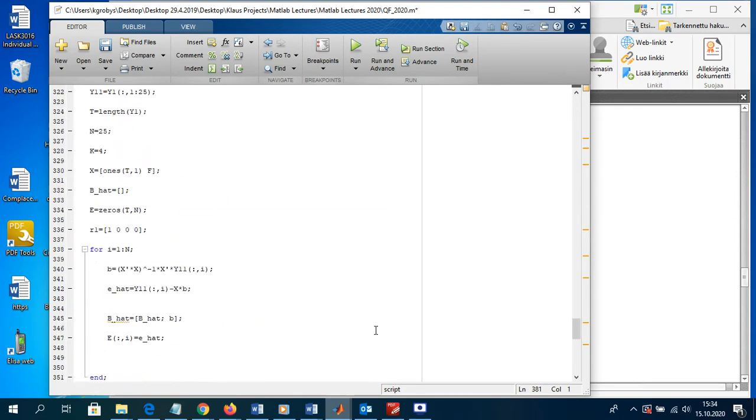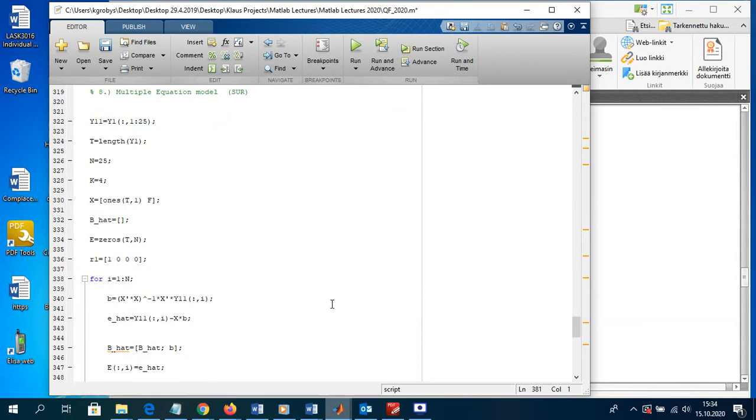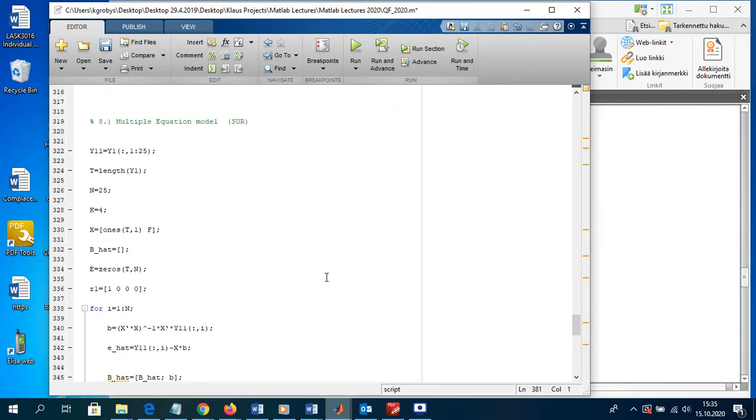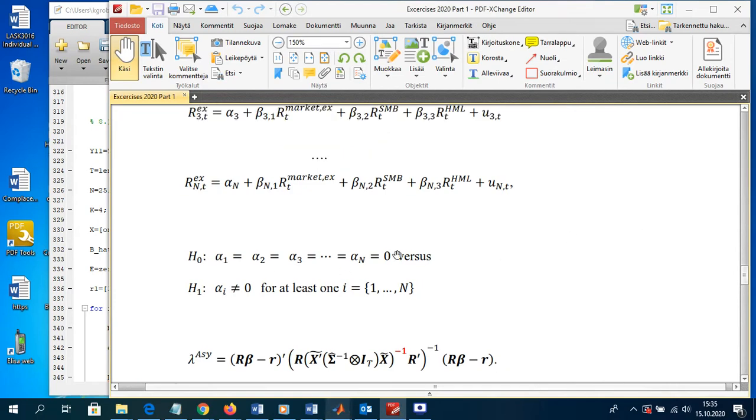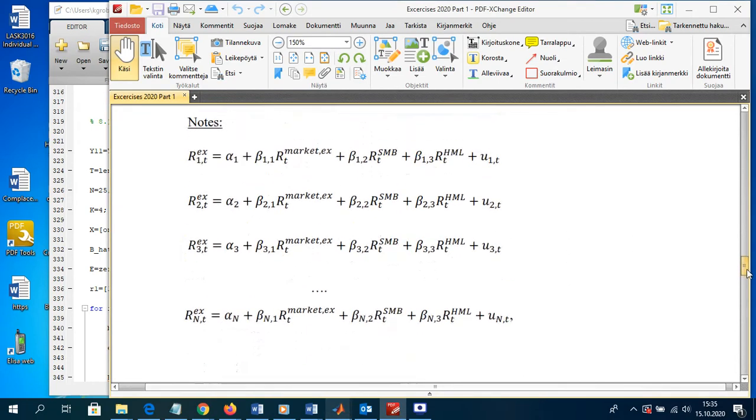So what could we do next? We talked about it on the whiteboard in detail. The only thing we would need to change, if we don't test the alpha, is this: let's test if our test assets have a significant exposure against the size factor.